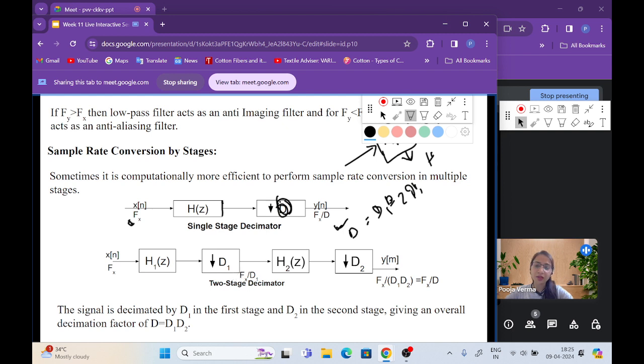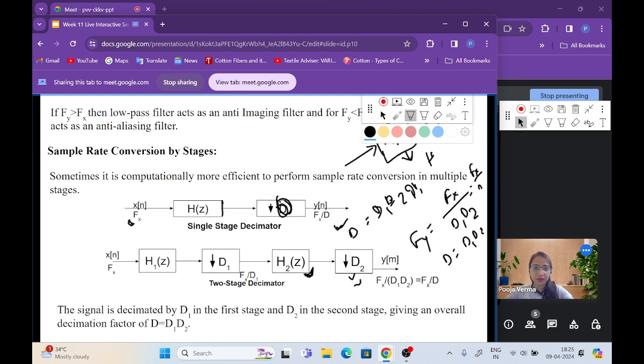Then again we give it to the other system function H2 of z, and decimate by the other factor D2. The output signal can be represented as f of y equal to f of x divided by D1 D2, where D1 D2 is equal to D, so we can write it as f of x by D also. So the single stage decimation is split into D1 in the first stage and D2 in the second stage, giving the overall decimation factor D equal to D1 into D2.